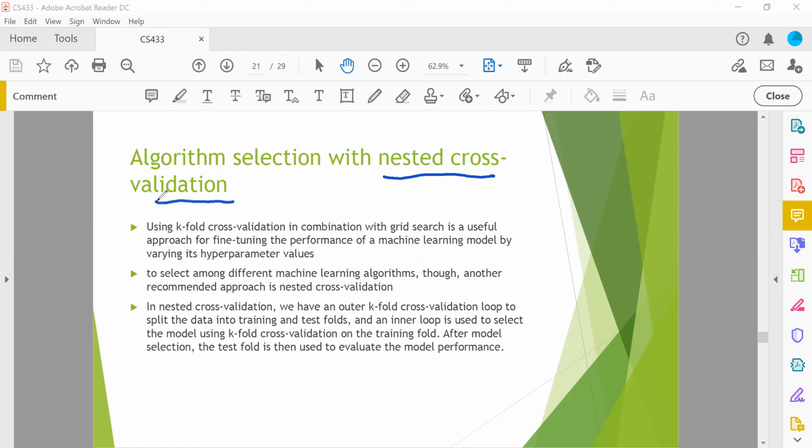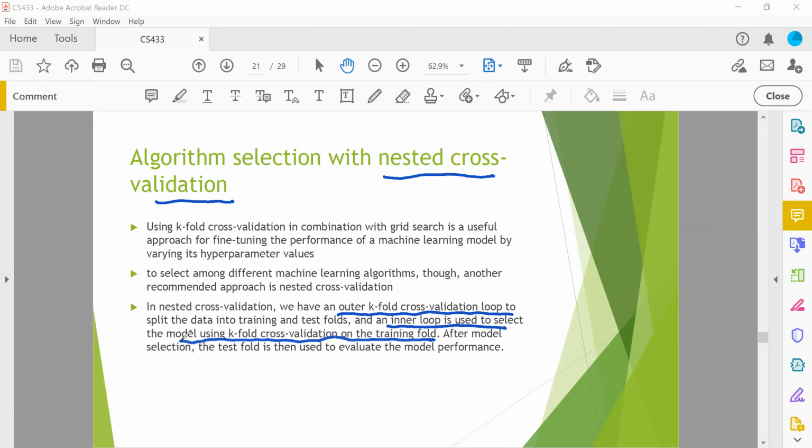Okay, nested cross validation. For nested cross validation, it says the outer k-fold cross-validation loop is to split data into training and test data sets. And an inner loop used to select the model also uses k-fold cross-validation on the training fold.